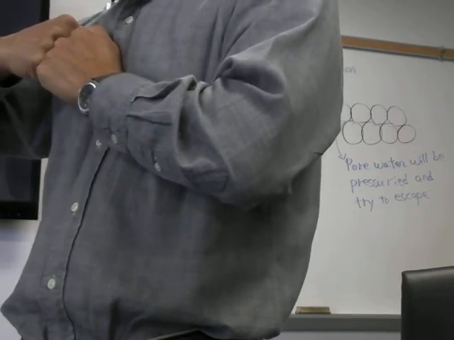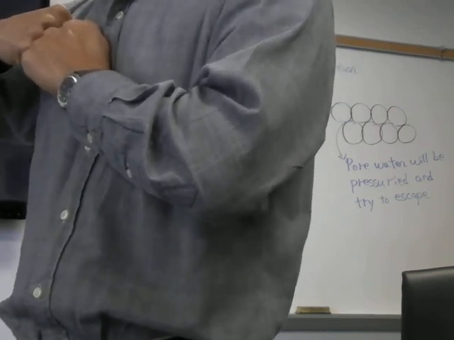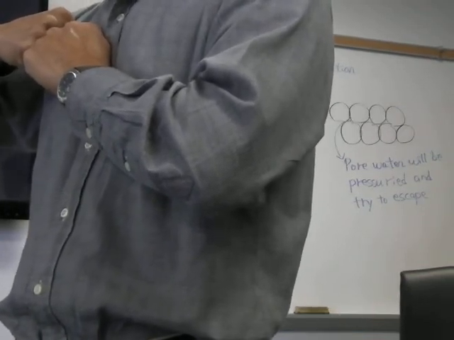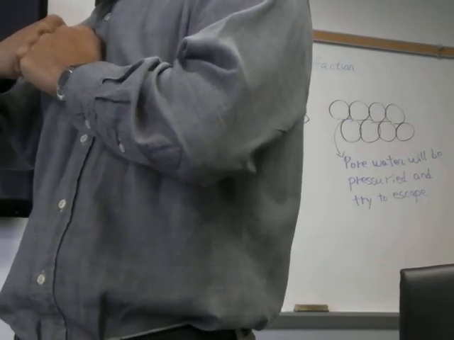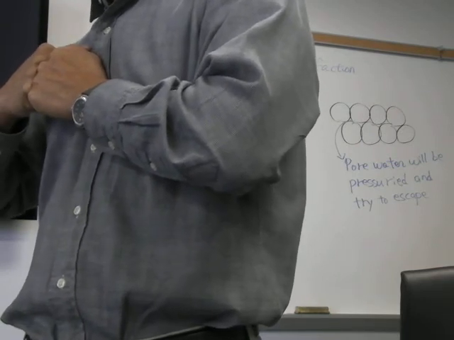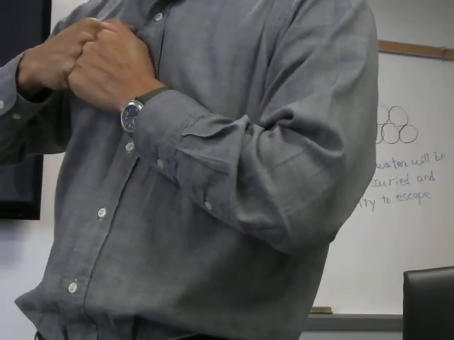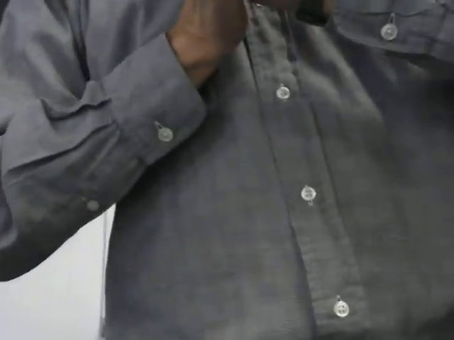That means those pressurized water may not have a proper path to dissipate, to flow out, to escape. If it does not have a proper path to dissipate, then what happens?